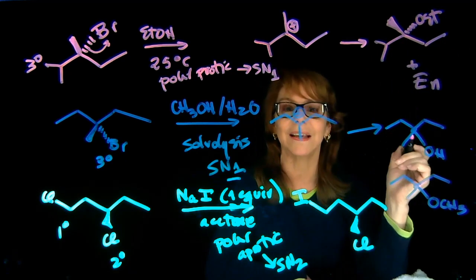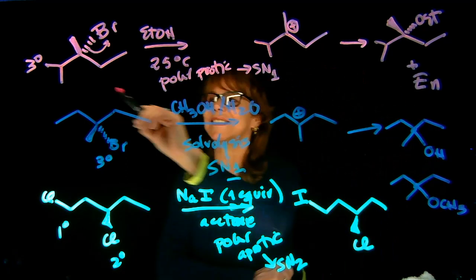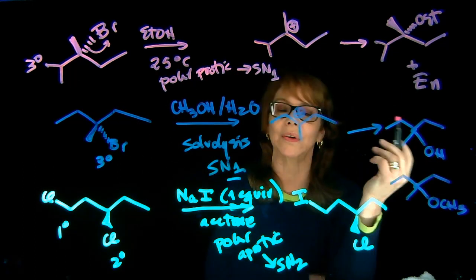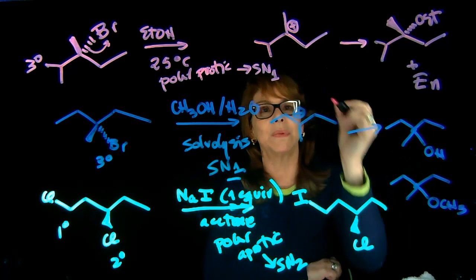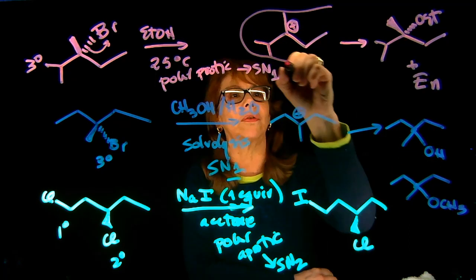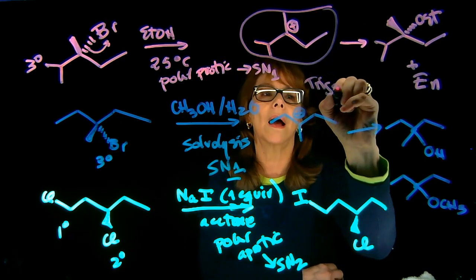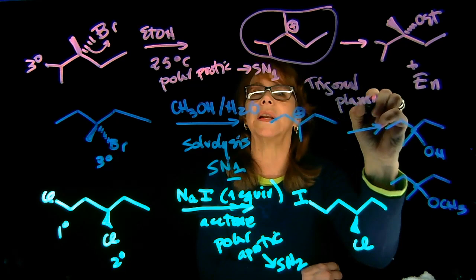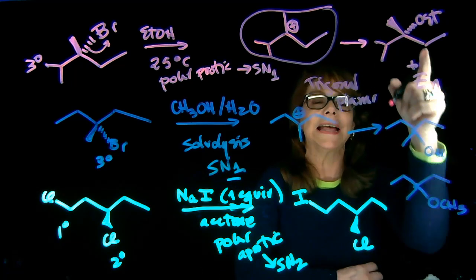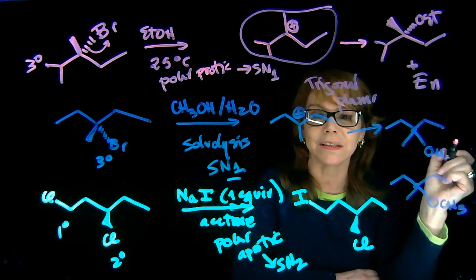So this is a racemate or racemic mix. That's why I changed the group here to an isopropyl, to give you an example in which we are creating a chiral center. Because the geometry of the intermediate is trigonal planar, you would have the nucleophilic attack from either side of the plane, creating a mix of products, a 50-50 racemic mix.